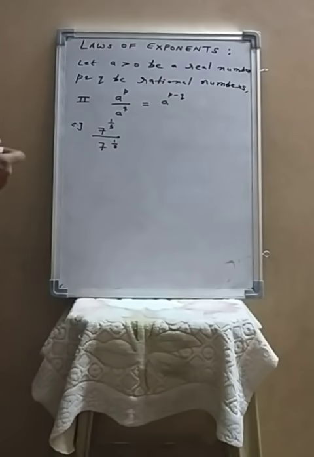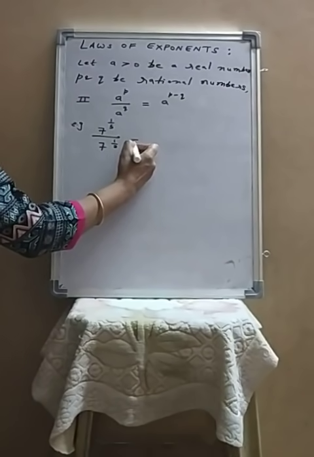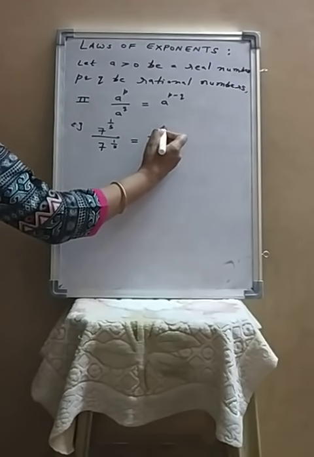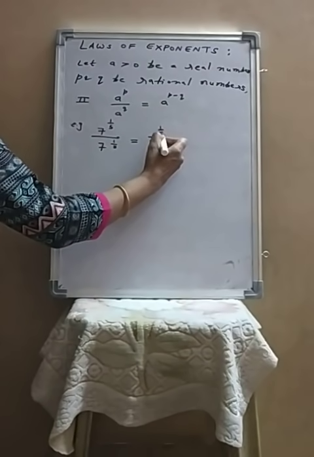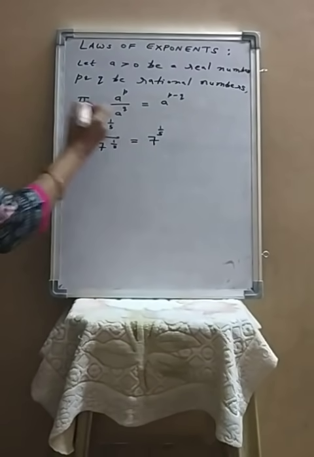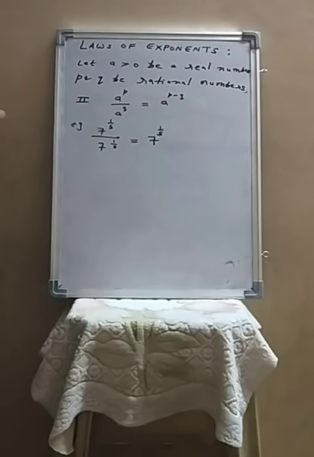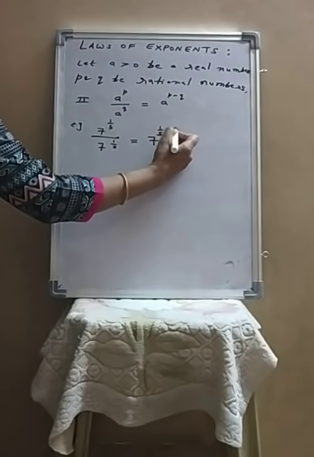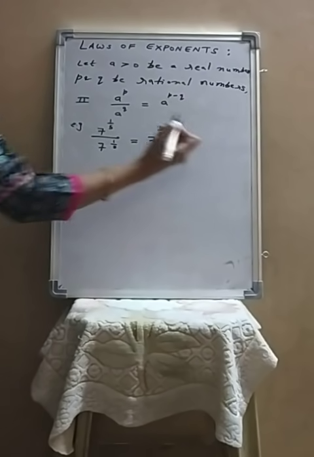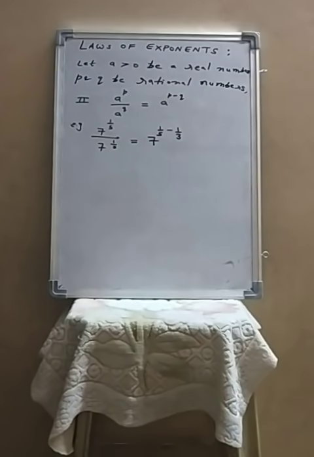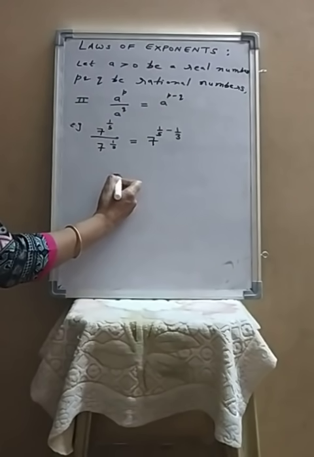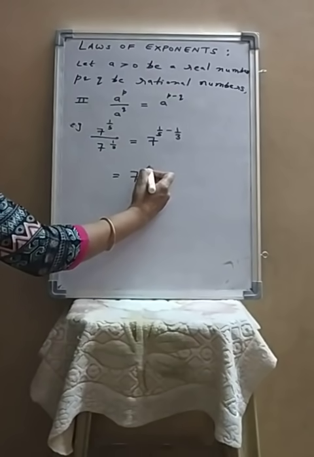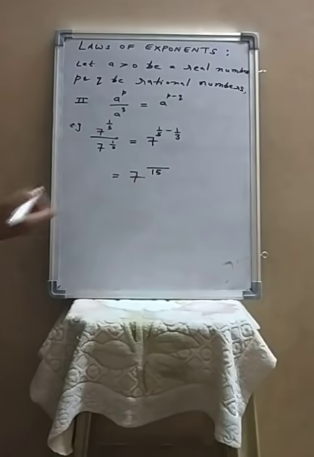So let us apply this law, which says that this is equal to 7 raised to the power 1 by 5 minus 1 by 3. Here p is 1 by 5 and q is 1 by 3. Let us take the LCM. So LCM of 5 and 3 is 15.